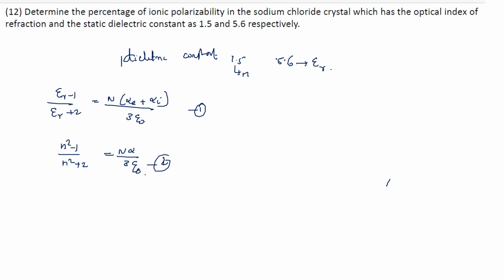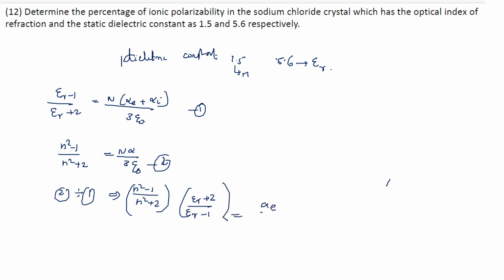Okay, now divide equation 2 by equation 1. So you will get n square minus 1 divided by n square plus 2 into epsilon r plus 2 divided by epsilon r minus 1, that is equal to alpha e divided by alpha e plus alpha i.